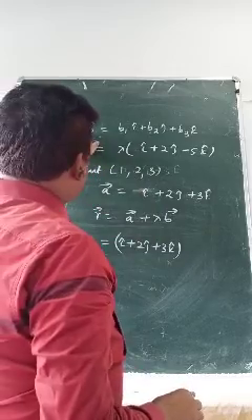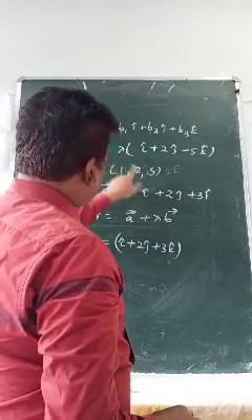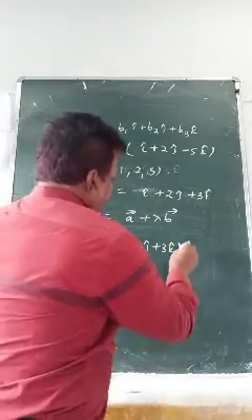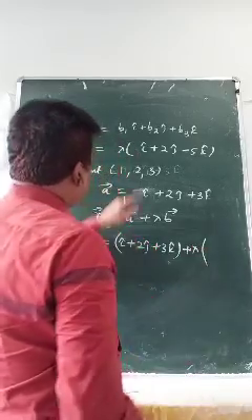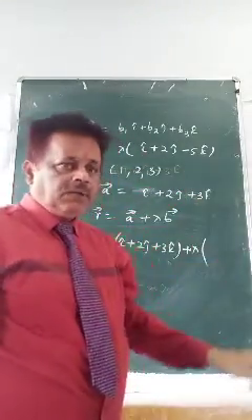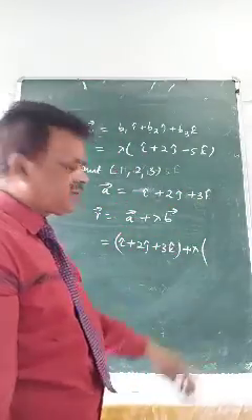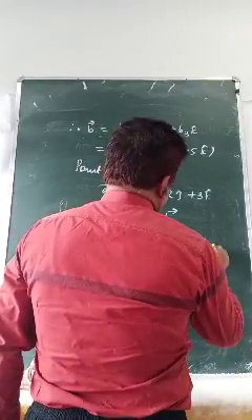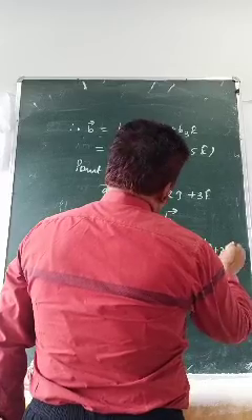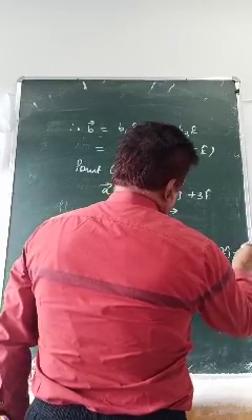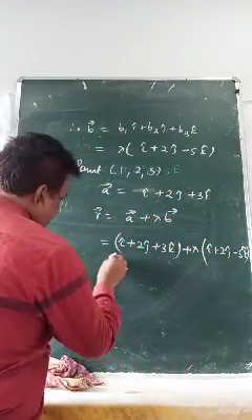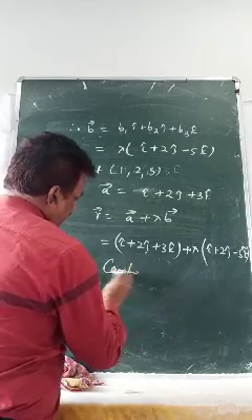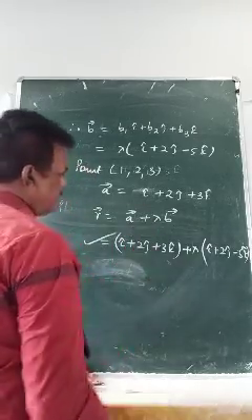So r equals a plus lambda b. Lambda b I already got. Lambda is a scalar, so this makes no difference here; scalar into scalar will be another scalar. So that is i plus 2j minus 5k. This is the vector form. What is the Cartesian form? Now you are asked for the vector form, so this is your answer.